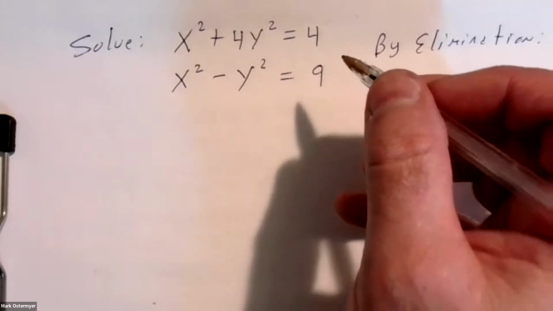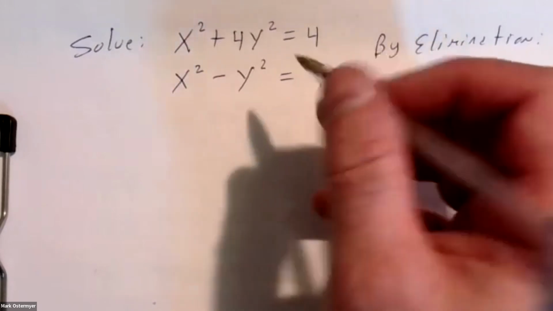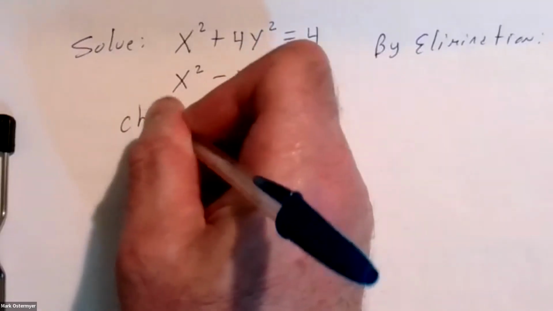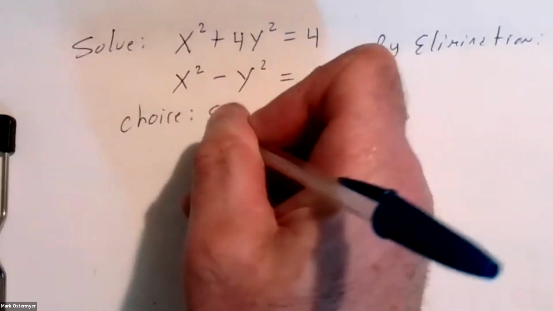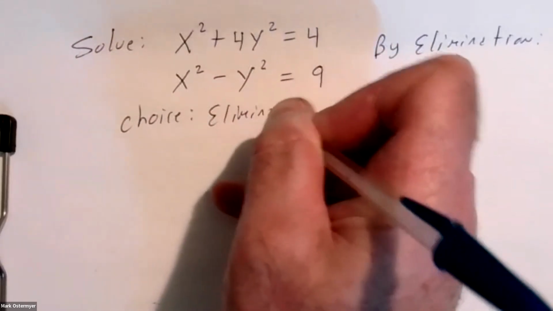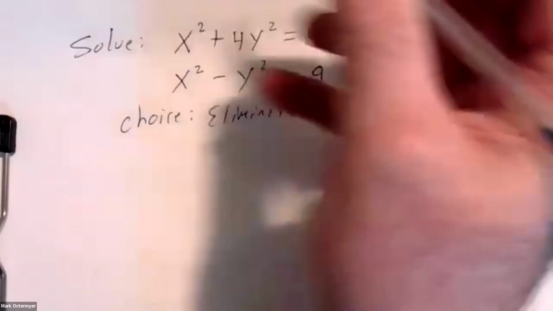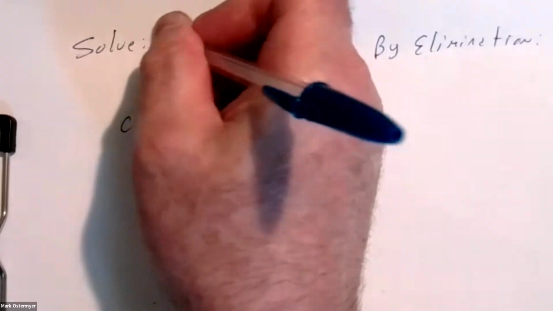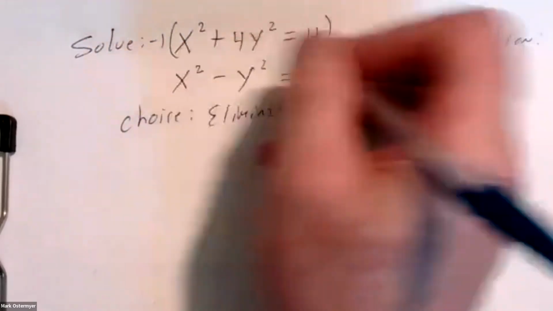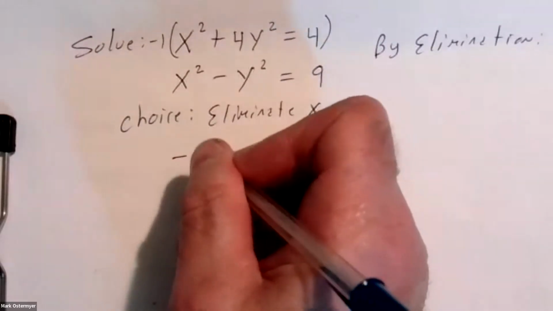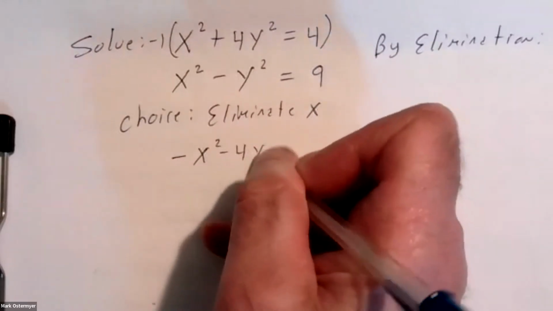My decision is to eliminate x. I'll accomplish that by multiplying my first equation by negative 1. Therefore, my equivalent first equation will be negative x squared minus 4y squared equals negative 4.